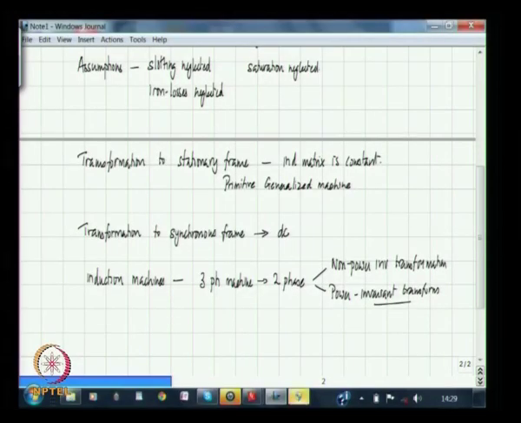The equivalent circuit can be derived by simplifying the machine equations that we have derived for the steady state case, and we found that the resulting equations can be represented as an equivalent circuit, which is nothing but the very familiar equivalent circuit of the induction machine.